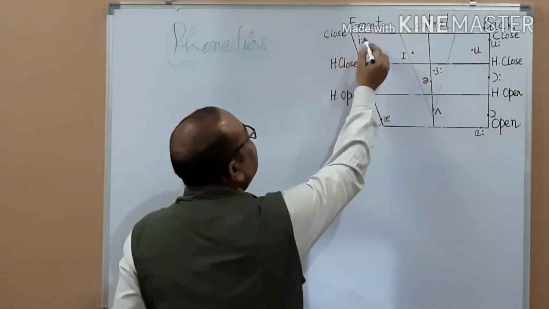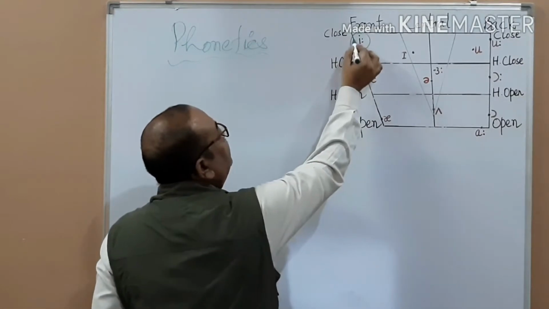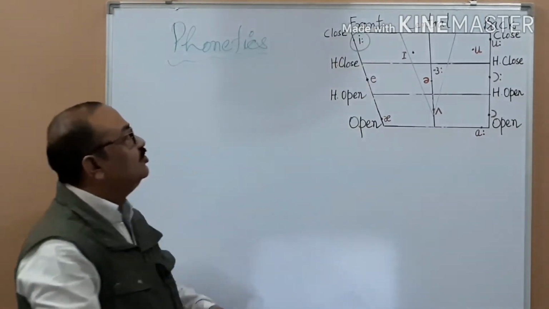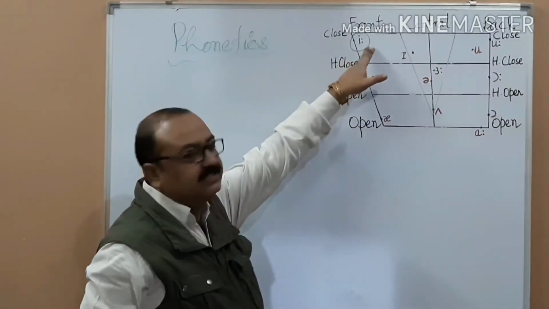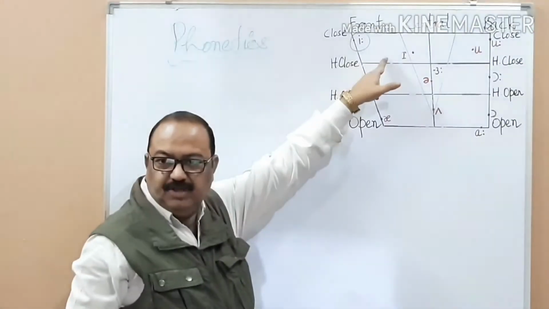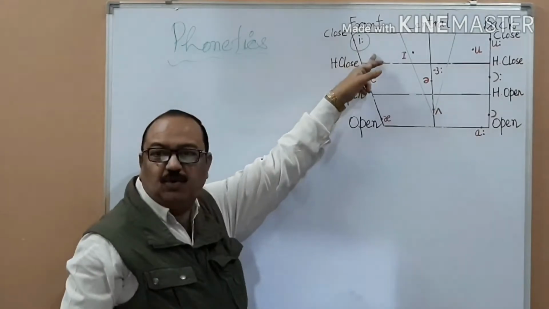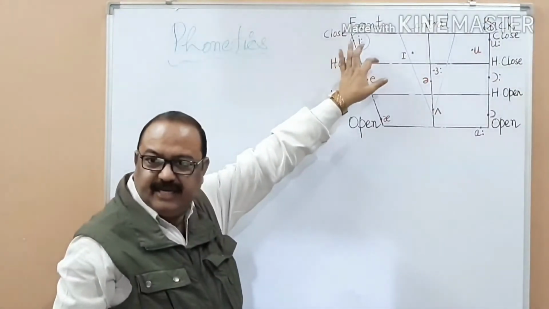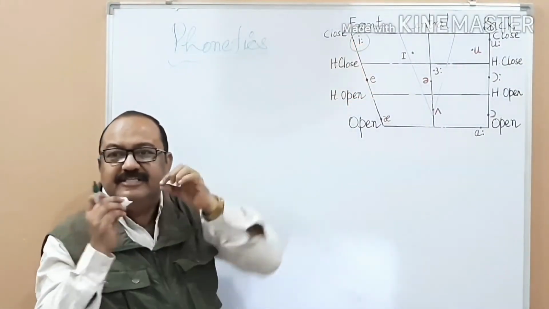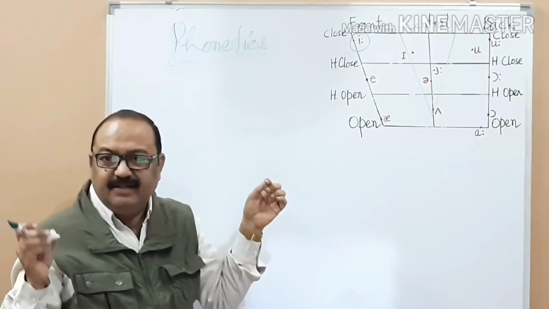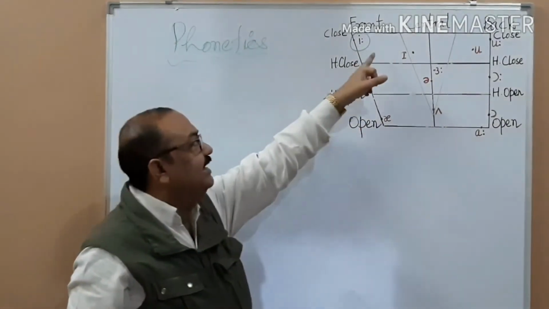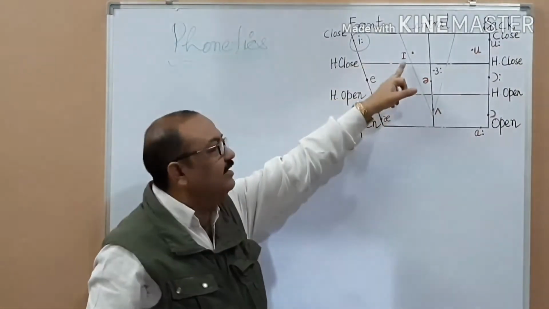So let us take this symbol, i:. See, here it is marked. You may see that this is a front vowel, and this is a front close vowel, close position. When you pronounce it, your lips are spread. Let me pronounce it for you first. Ee. Ee.